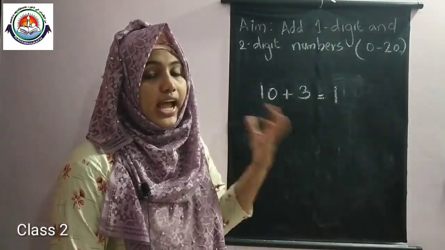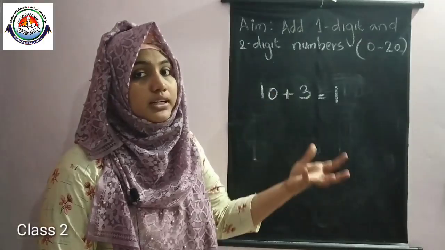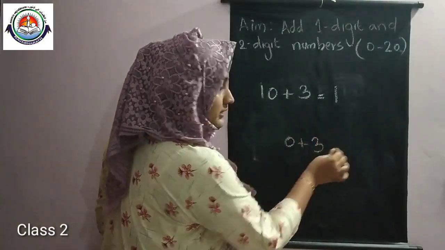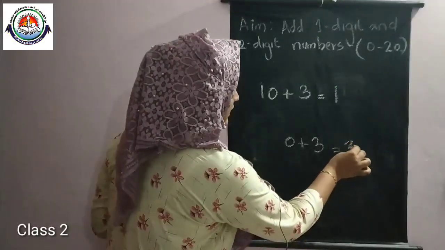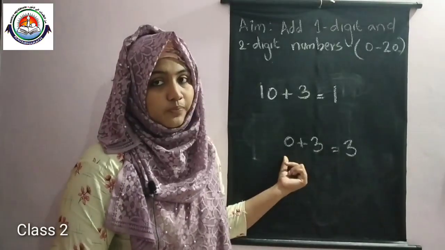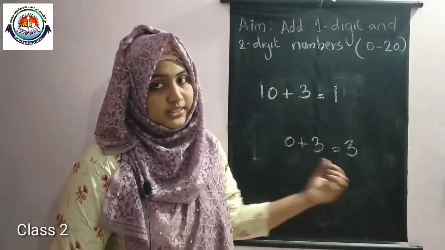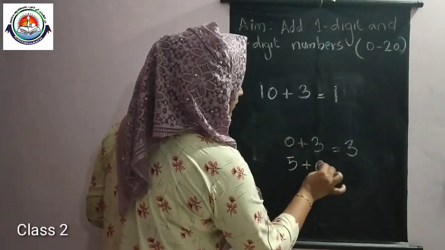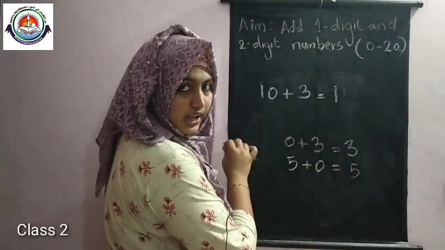So we want to add 0 to number 3. What is 0 plus 3? 0 plus 3 is 3. So if we add any number to the number 0, we will get that number itself. Okay, so we can do some more examples. 5 plus 0 is 5.